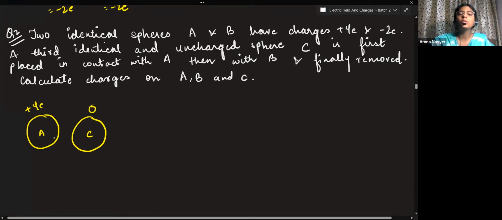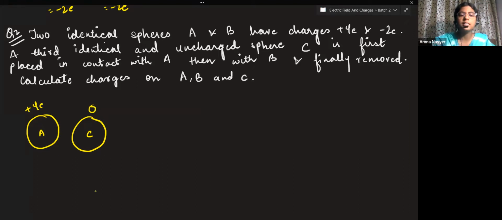So how will the electrons get distributed? We have seen this example only. If 4E is present on A and C is at 0, Hafza, you tell me, what will be the amount of electrons received on A and on C? Yes, Hamza is right.